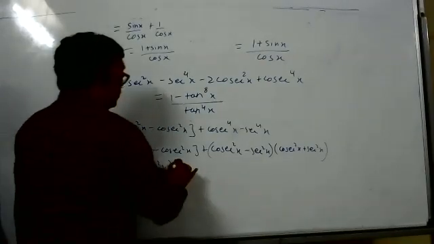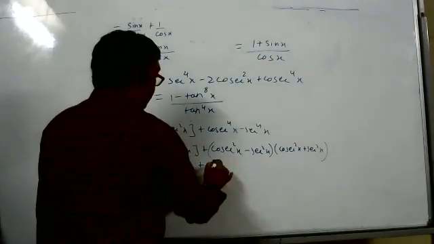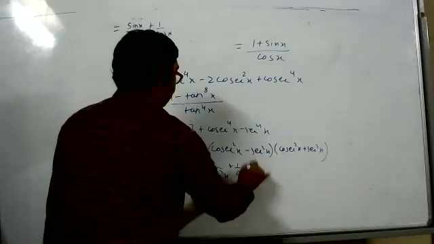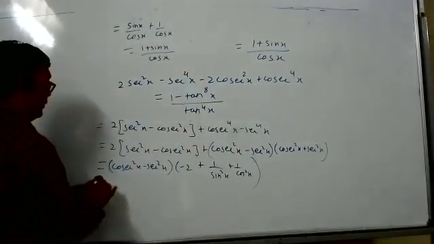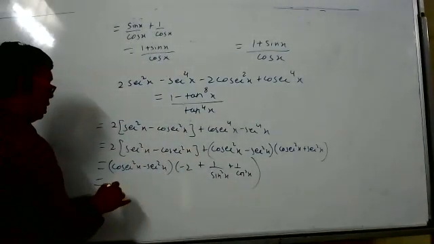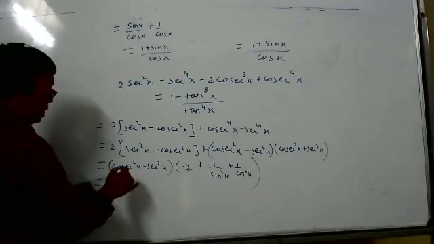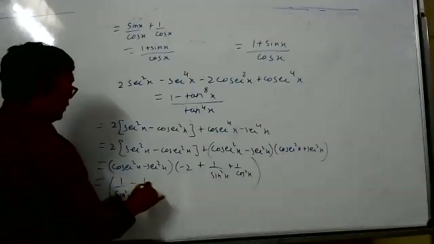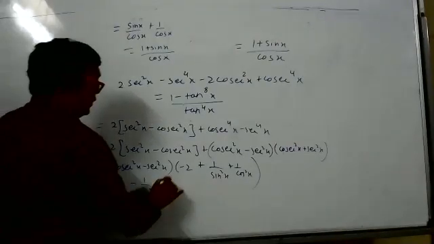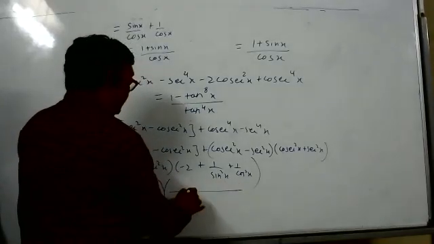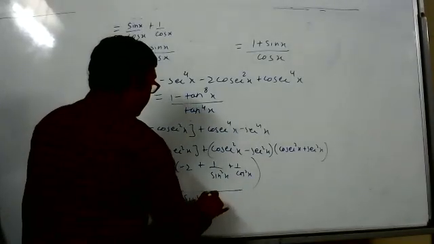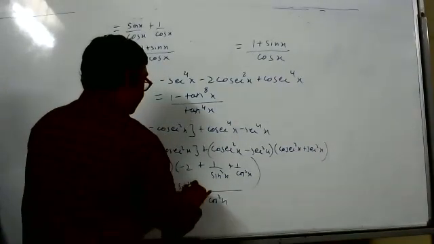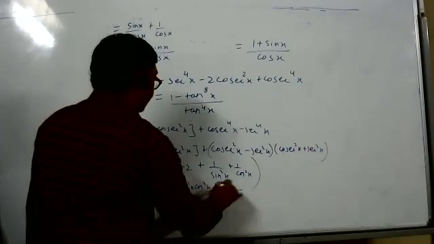So minus 2 plus 1 by sine square x plus 1 by cos square x. LCM we will take. Let's see what to do. 1 by sine square x minus 1 by cos square x. Here LCM sine square x cos square x. Here minus 2 sine square x cos square x.